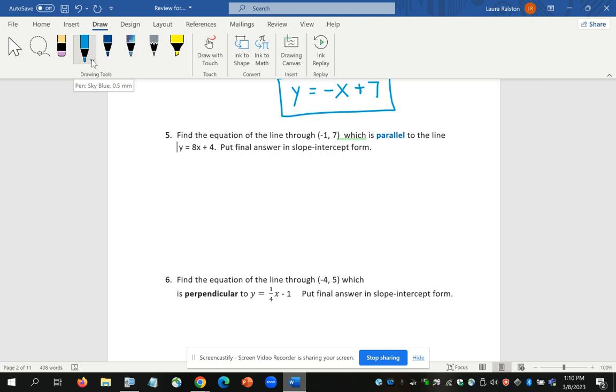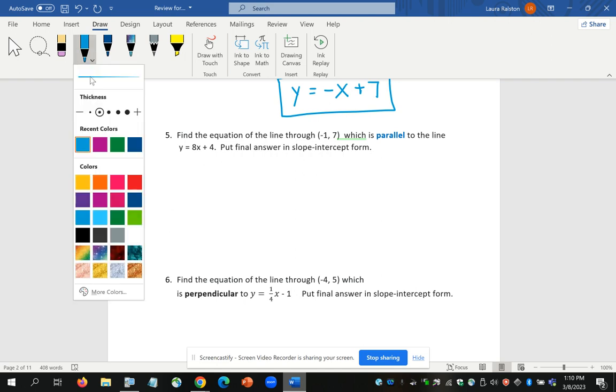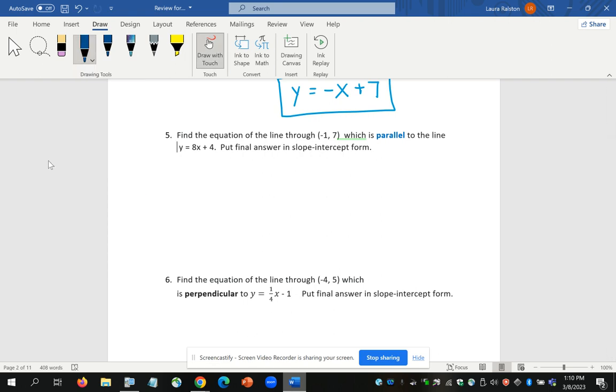So again, in order to write the equation of a line, any line, you have to be given the slope and a point. Okay, so to write the equation of a line, you need a point and the slope so that you can use the point slope form or point slope formula. Well, I'm given a point.